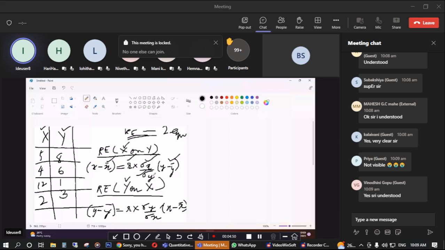I'm going to solve for all this: x bar, sigma x, sigma y, y bar. Now you already know the formula. What is the formula for x bar? The formula for x bar is summation of x divided by n.